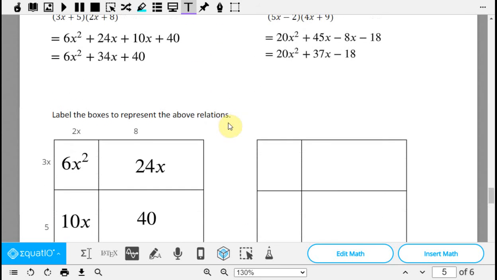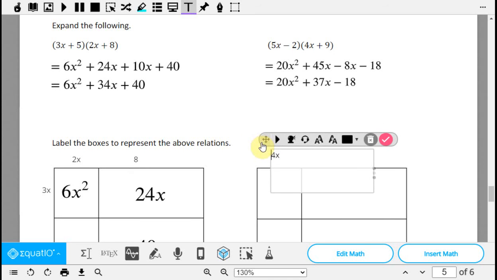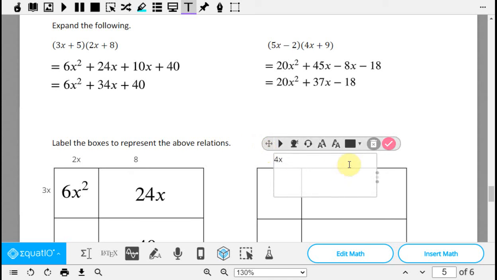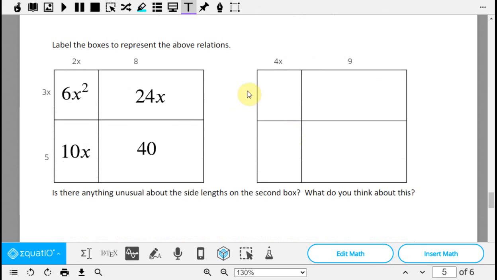Looking over at the next problem, we need a 4x and a 9 on top here. And on the side, we need a 5x and a minus 2.